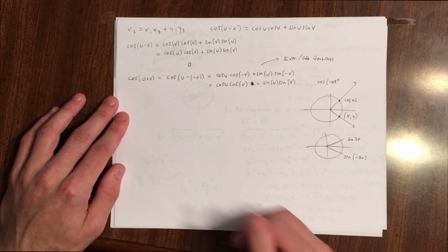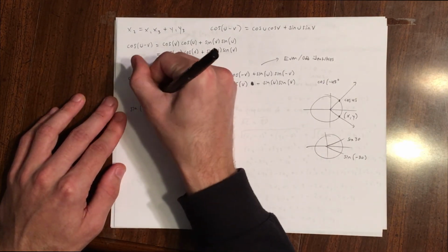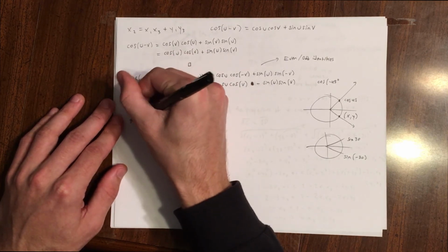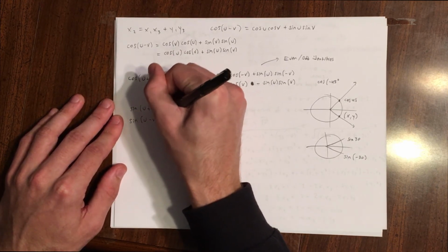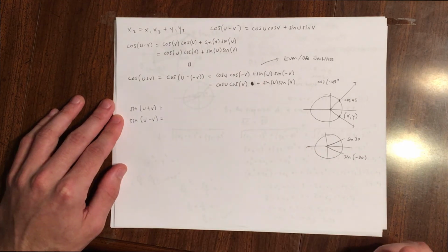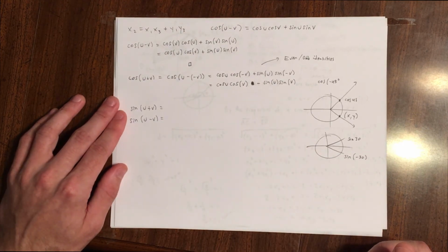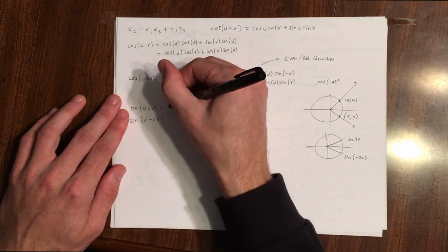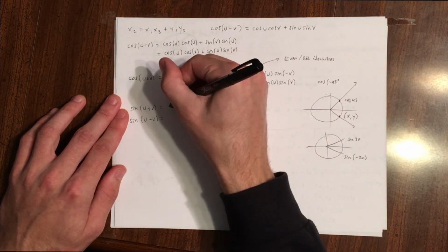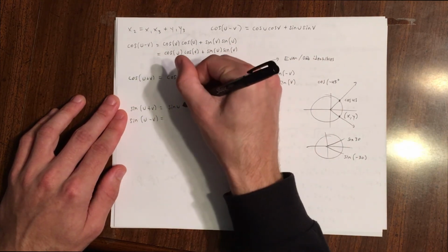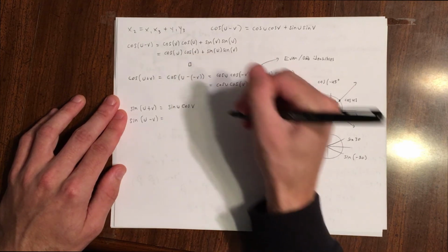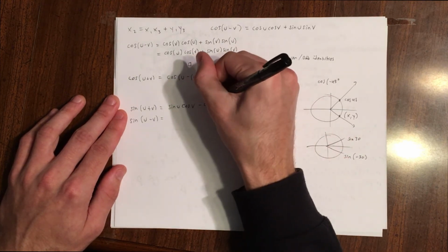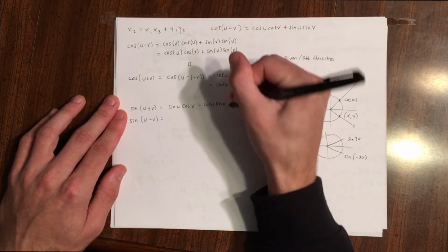For sine of u plus v, and also sine of u minus v, for both of these, we'll get something slightly different. For these, our answer will be that they're equal to sine of u times cosine of v minus cosine of u sine of v.